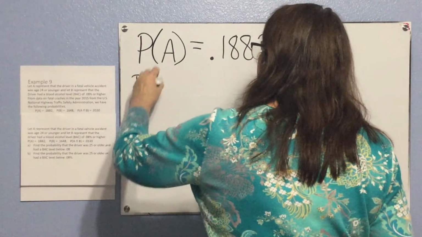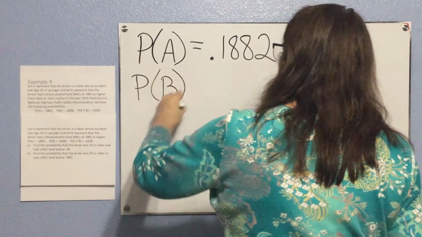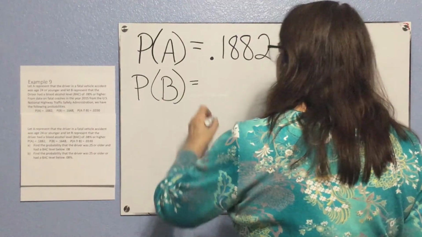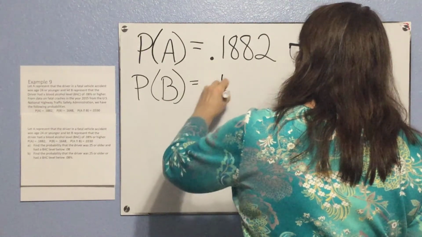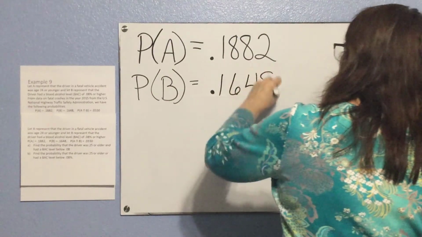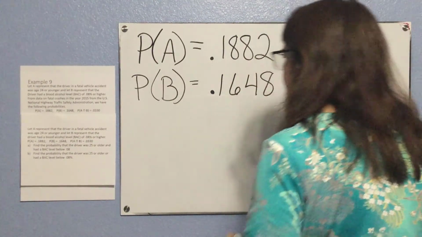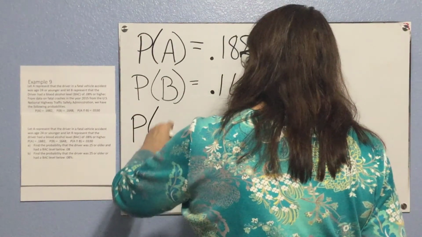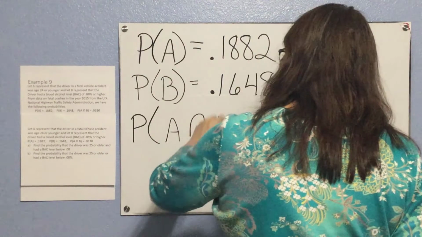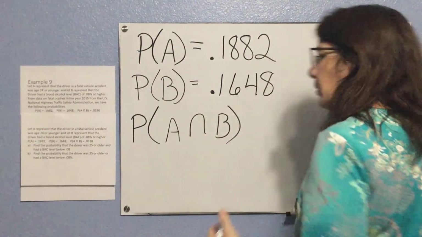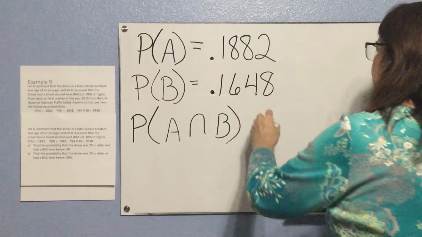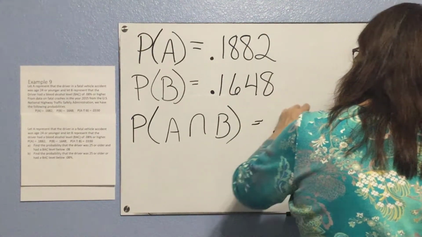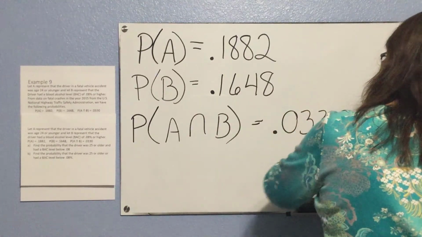Okay, and then the probability of B, which is that the driver was legally drunk, is a little bit lower, 0.1648. And the probability of A intersect B, so the driver is both young and drunk, is 0.0330.